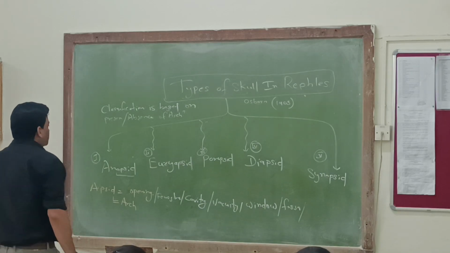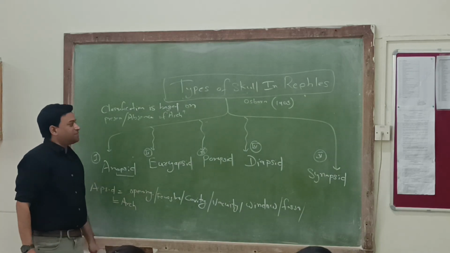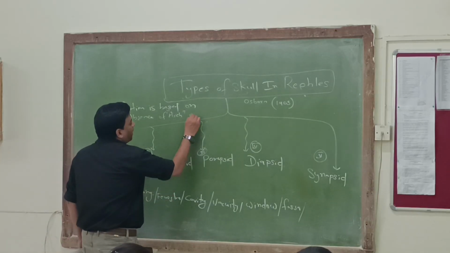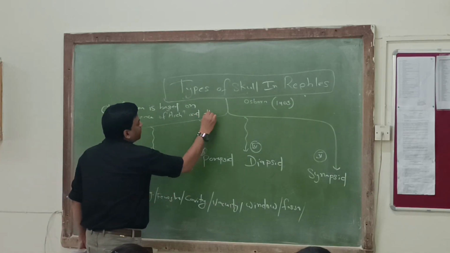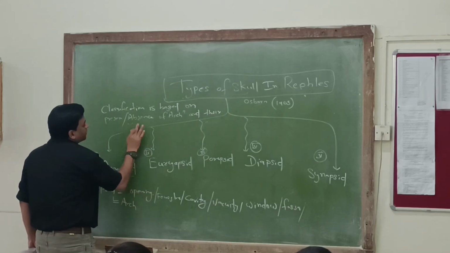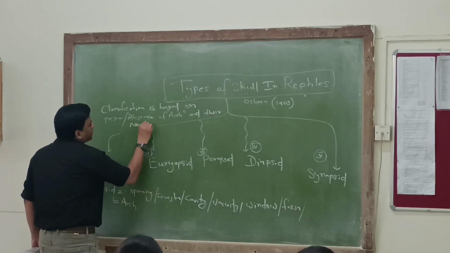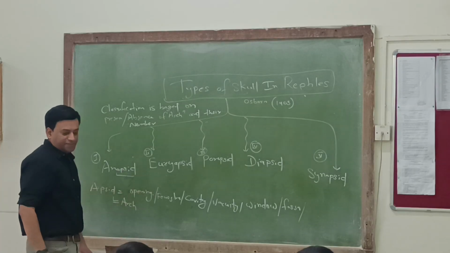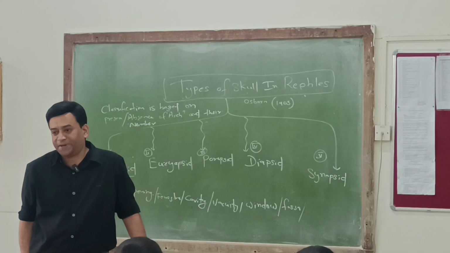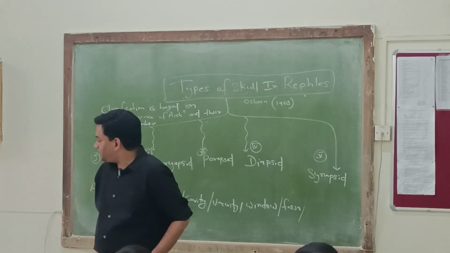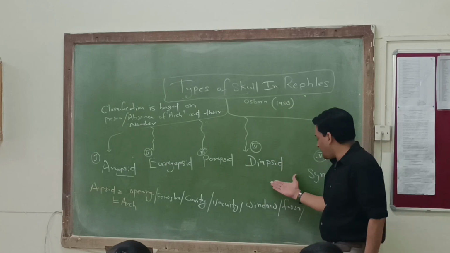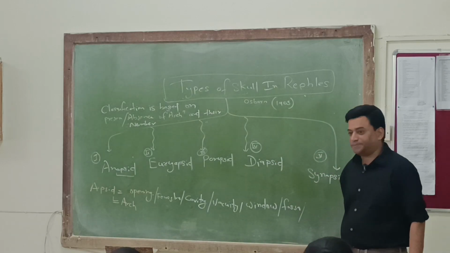So this classification is based on the presence or absence of arch and their number: if the arch is present, then what is their number, whether it is one opening, one arch or two arches. Got my point? So these are termed the Anapsid, the Euryapsid, the Parapsid, the Diapsid and the Synapsid.